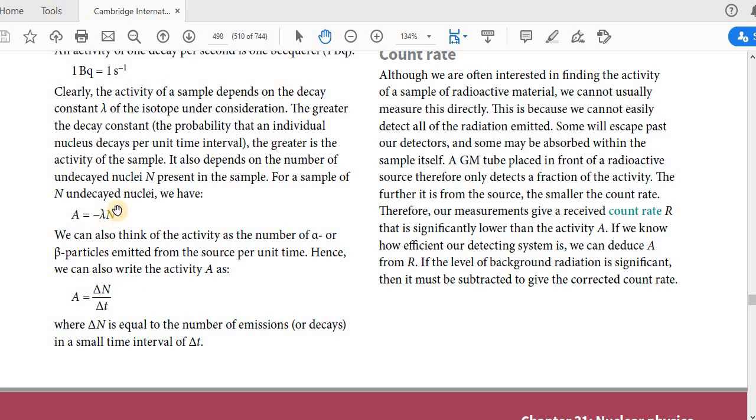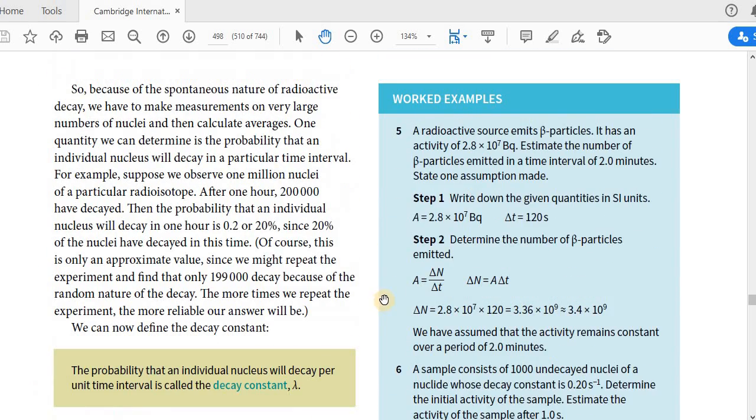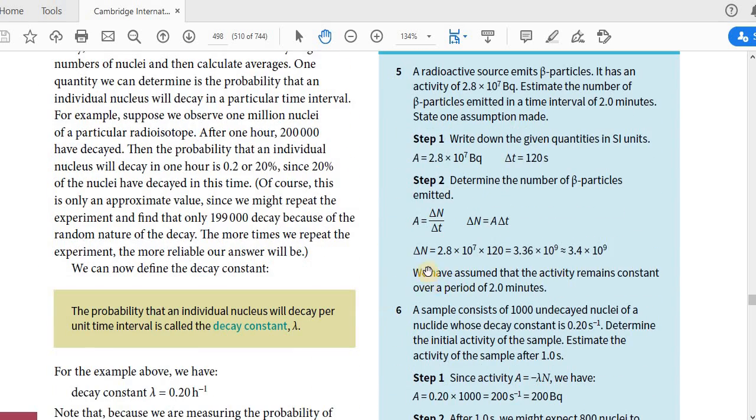This is the number of undecayed nuclei in this equation. Here that N is different. This is equal to the number of emissions or decays in the particular period of time. So finally, we have assumed that the activity remains constant over a period of 2 minutes. Only then can we do it, so that's why we have to assume it's constant.